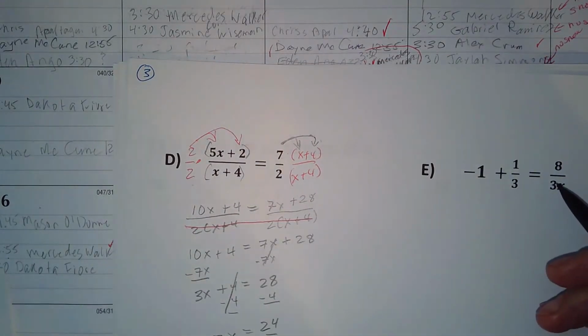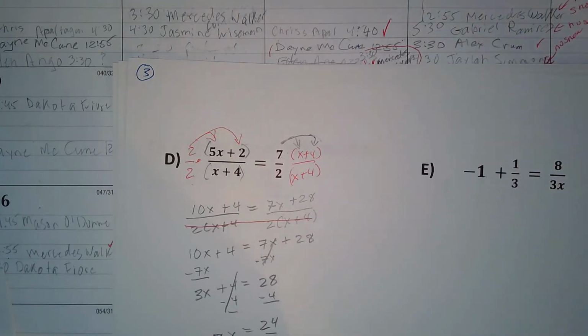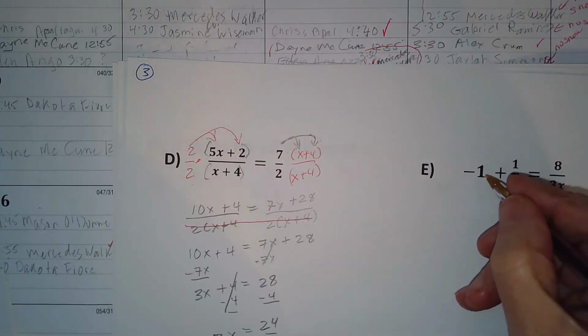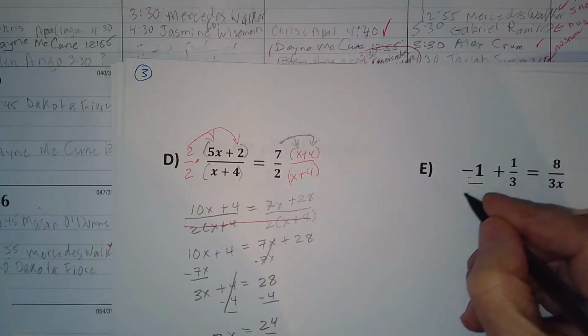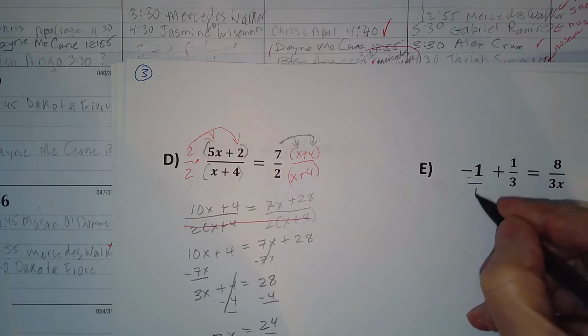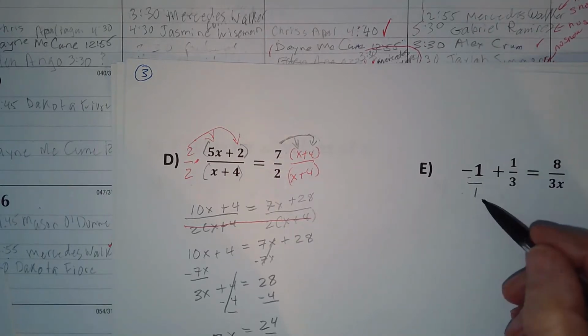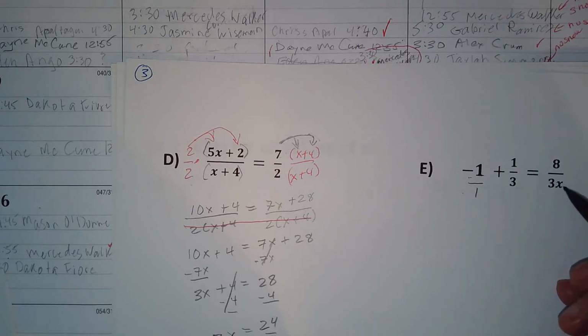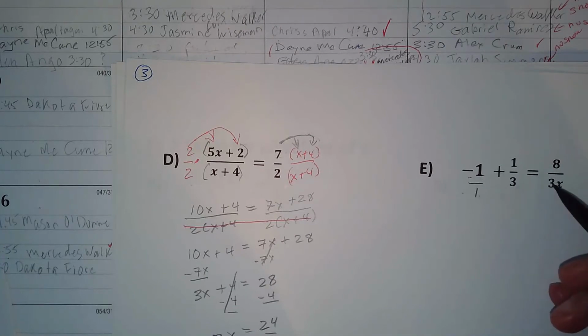Now this one's a little gnarlier. This is not a fraction, but I can turn it into a fraction. Put it over 1. So a negative 1 over 1 makes it still negative 1, right? So now I've got a 3, I've got 1, and a 3x. I'm going to have to multiply those all together. But the 1 really doesn't count because 1 times anything is whatever it is.